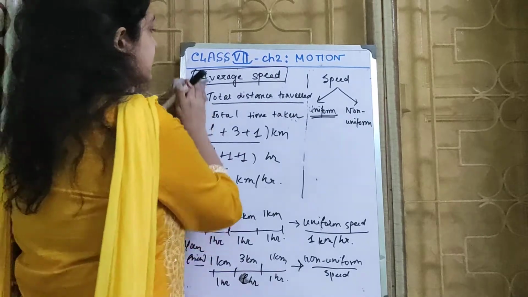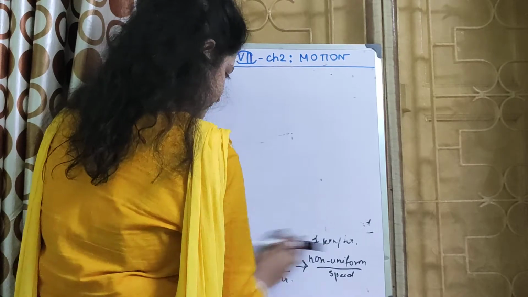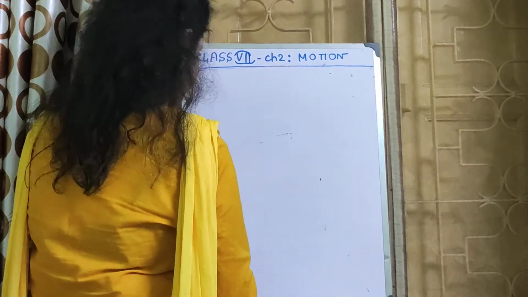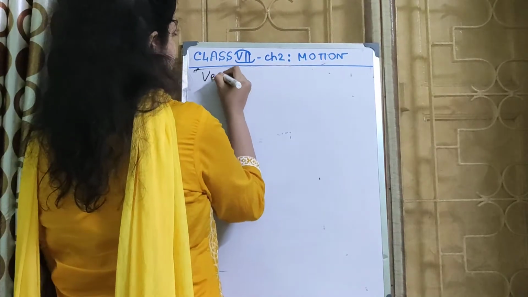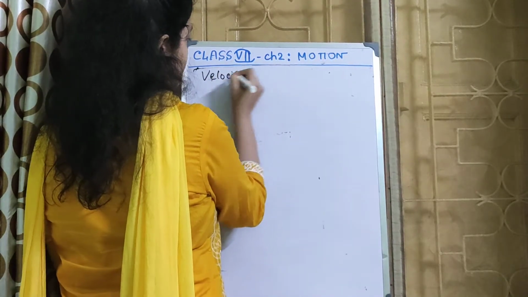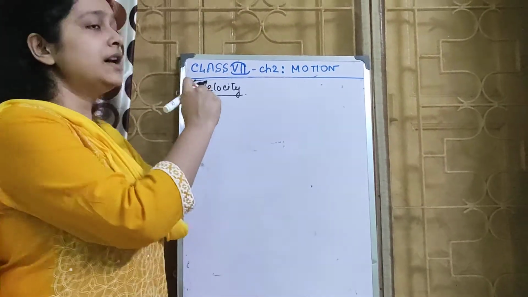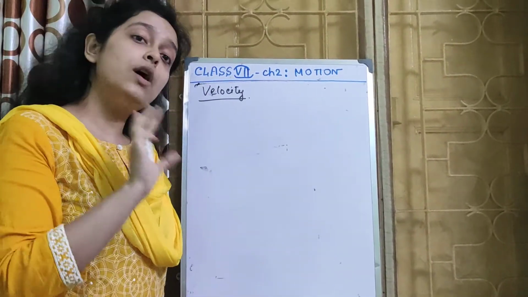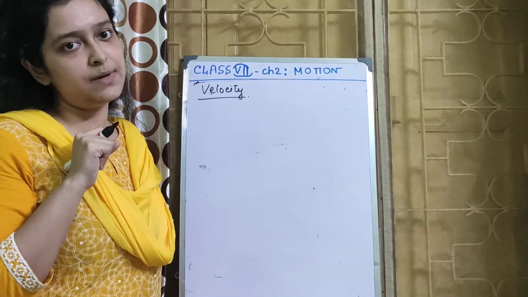Now, let's come to velocity. Velocity is defined as, again, the distance travelled per unit time. Then what is the difference from speed? Speed is also the distance travelled per unit time.